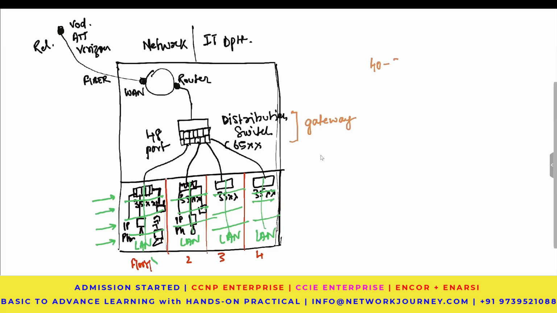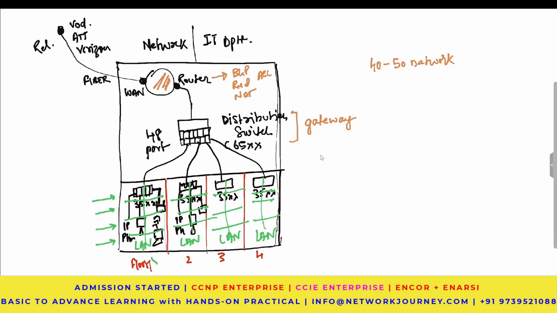It can have ACLs. So we cannot expect to keep the router as gateway for even 40 to 50 networks. So the distribution switch will act as a gateway for all my downstream access switches. These access switches or these computers will be pointing to these gateways which are connected on this distribution switch. So all that L3 configuration will be done on the distribution switch 6500.